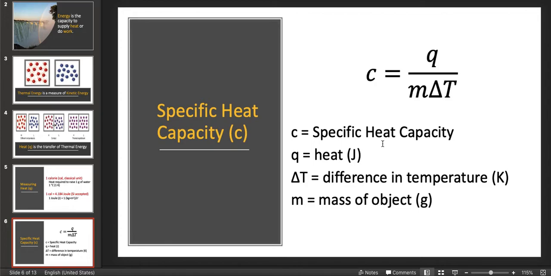Most substances have a low specific heat. Water has a very high specific heat in relation to other substances. So c is very high for water, it's 4.184. What does that mean? It's a good thing for us. That means that it takes water a large amount of heat to raise its temperature by 1 degree, whereas it may take other substances very little heat. So they fluctuate in heat, in temperature, a lot, whereas water doesn't.